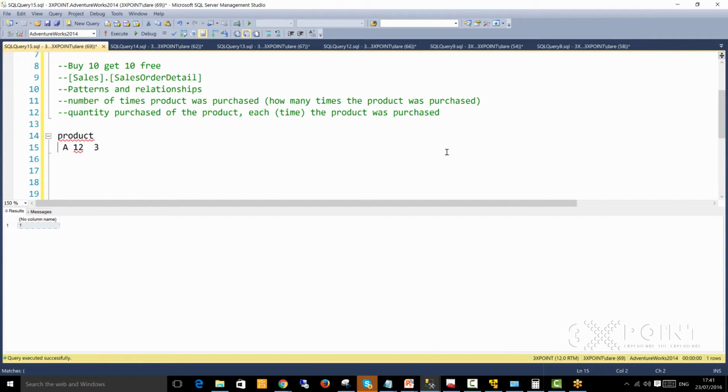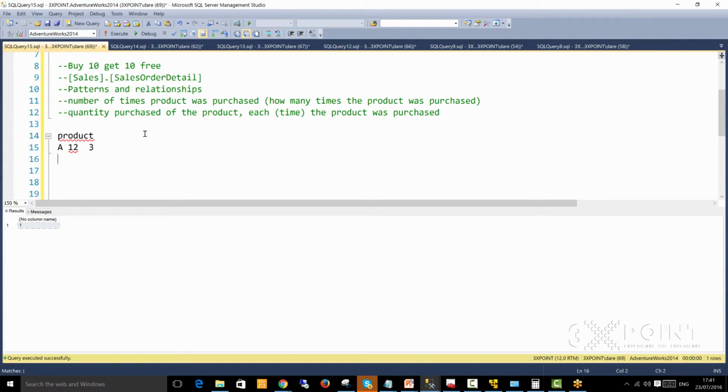So I have product A, it has been bought 12 times, and each time they purchased it they bought 3 of A. This sentence gives me an understanding that I'm looking for something like this.